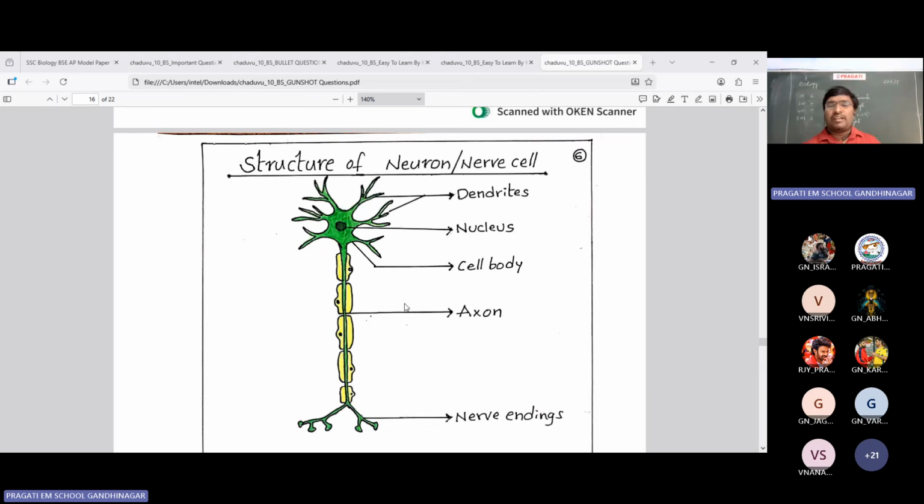The gaps are called nodes of Ranvier. On each myelin sheath, the dots are there. Look at the dots, they are nothing but Schwann cells. And the ending parts are nerve endings.